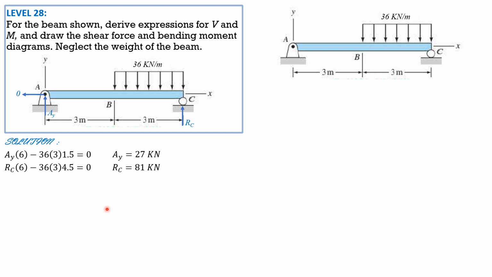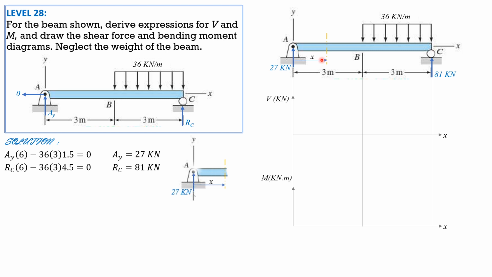For the construction of the shear and moment diagrams, let's prepare it. Shear diagram in kilonewtons, then moment in kilonewton meter. At a distance x, this is the free body diagram. We have shear positive downward and moment counterclockwise.